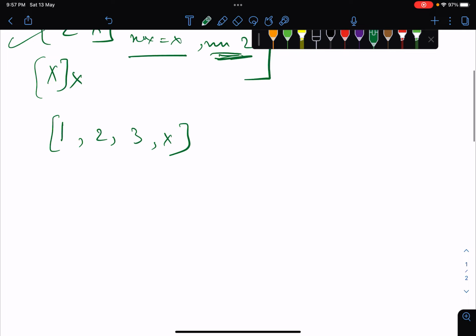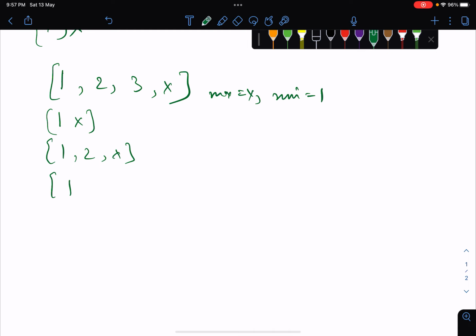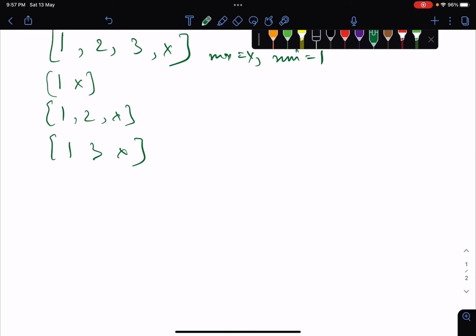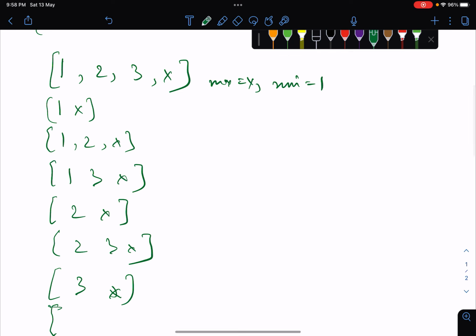Suppose I have elements 1, 2, 3 and x. Now I'll generate the subsequences for this as well. Here max is x and min is 1. The other subsequences I can have: 1 x, 1 2 x, 1 3 x, then 2 x, 2 3 x, and 3 x. Obviously the one with only x I'll not take it.